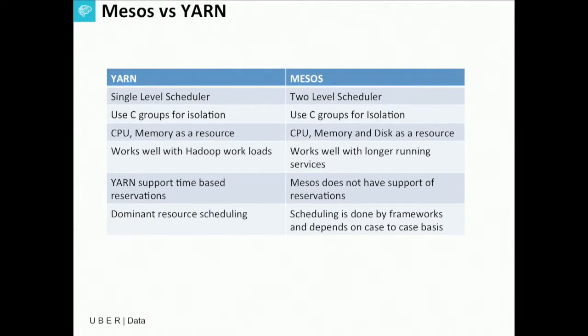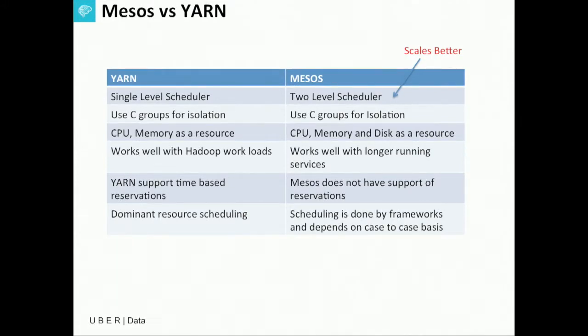So Yarn is a single-level scheduler, which is, you give all the resources to Yarn, the resource manager, and then the capacity scheduler or whatever fair scheduler you use takes the decision based on that. It's pretty much single level. A two-level scheduler on paper scales better. You have multiple frameworks. In Mesos, there is a resource management layer where you aggregate the resources. That is Mesos.